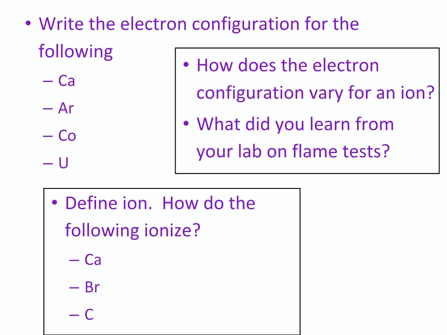Okay, electron configuration. Give me it for calcium. Can you find calcium? I'm just going to point. You guys got to keep going. Can you get started? 1s2, hold up. Listen up, start over. 1s2, which is hydrogen and helium collectively.